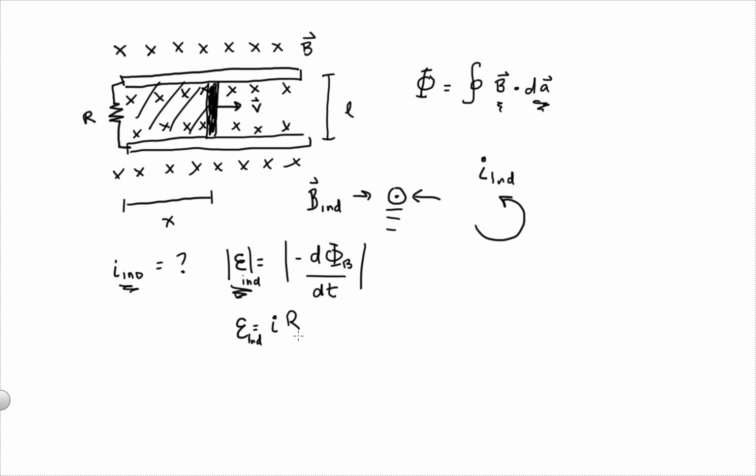Okay, so what is our induced EMF? Well, we can just deal with magnitudes here. We already know the direction of the current that it's going to produce from the considerations that we talked about before, where we figured out that the current is going to be counterclockwise.